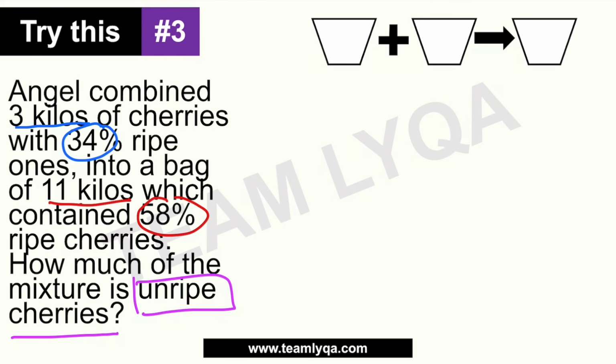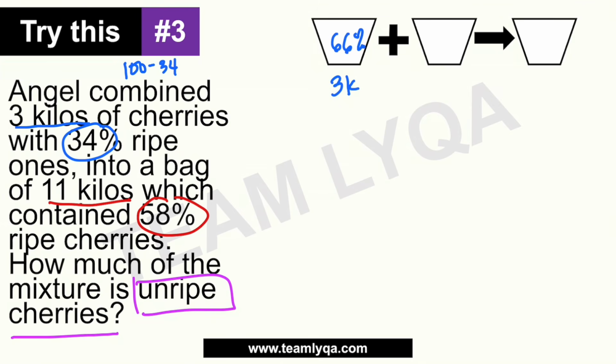Ang una would be, instead of using yung 34% at 58%, ang kukunin natin ay yung difference ng 100% sa kanila. So, ang gagawin nating equation would be this. And again, I'm just going to show you this. You have 3 kilos. Okay? Tapos, instead of 34, ang gagawin natin, 100 minus 34. So, this will be 66%.